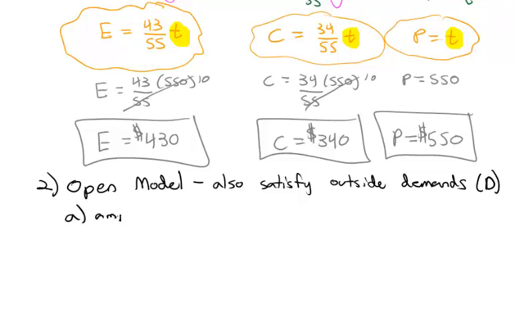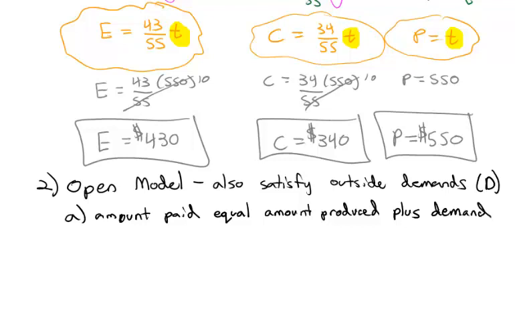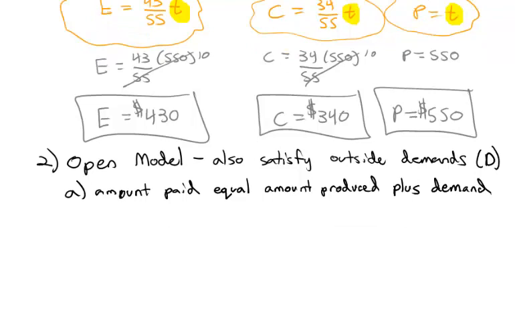Again, the amount paid for their work must equal the amount produced, but this time we also must satisfy the demand, the external demand, you might say. So the amount paid, X, has to equal the amount produced, which is the matrix times the X, but also plus the demand.